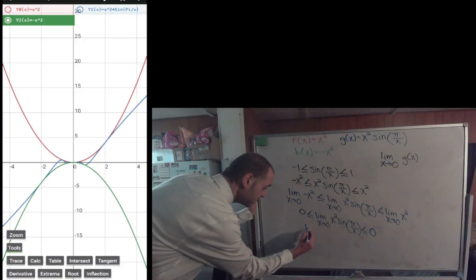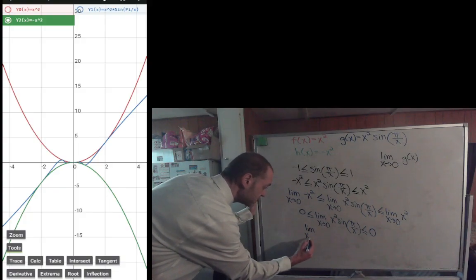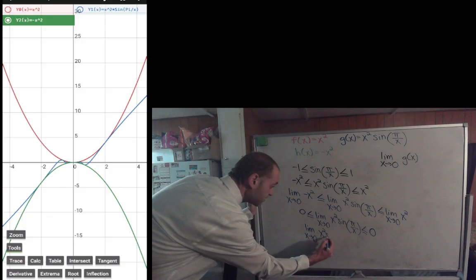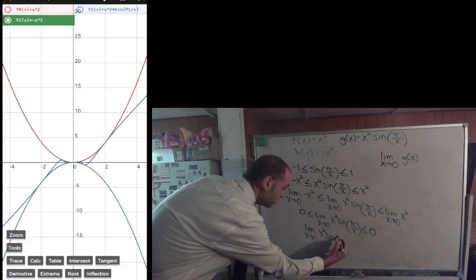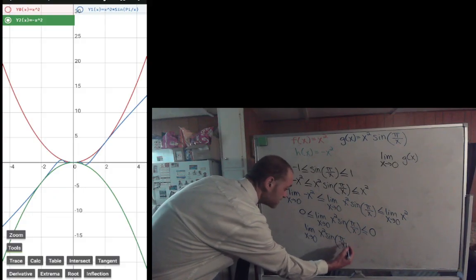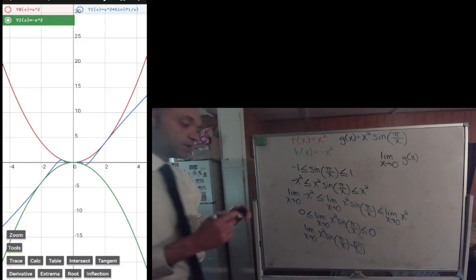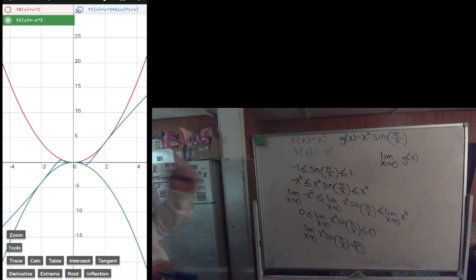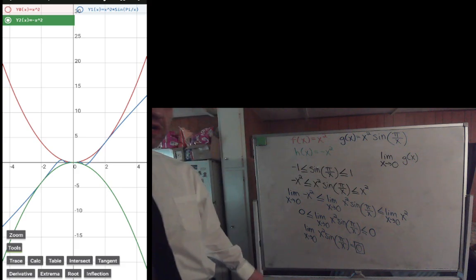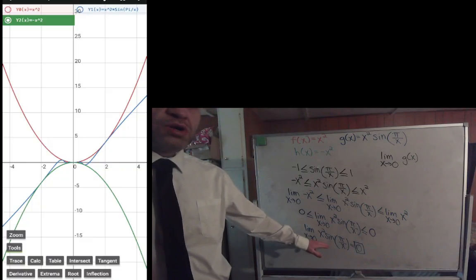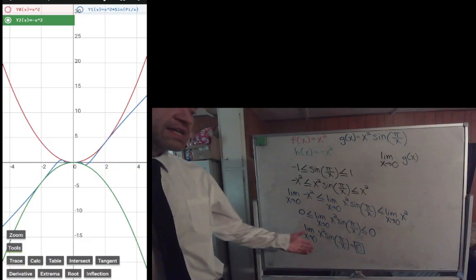So by the squeeze theorem, we could say that the limit as x approaches 0 of this x squared sine of pi over x equals 0. We can say that by the squeeze theorem. And the squeeze theorem is very nice for dealing with complicated trig functions with an extra factor being multiplied by it to find the limit.